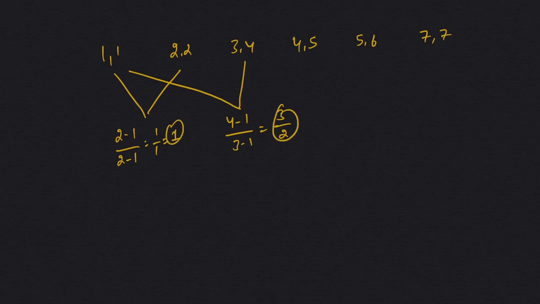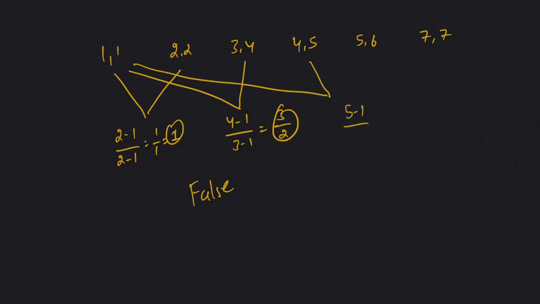So we can clearly return false here. If you want to check further, for 4 and 5, 5 minus 1 over 4 minus 1, that is 4 by 3. Again, this is not the same as 1, and the same goes on. So we can simply return false if the slope is not the same.